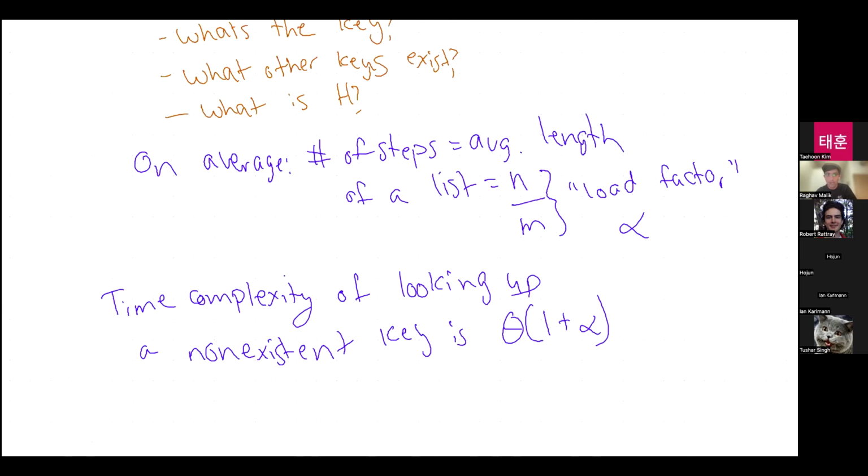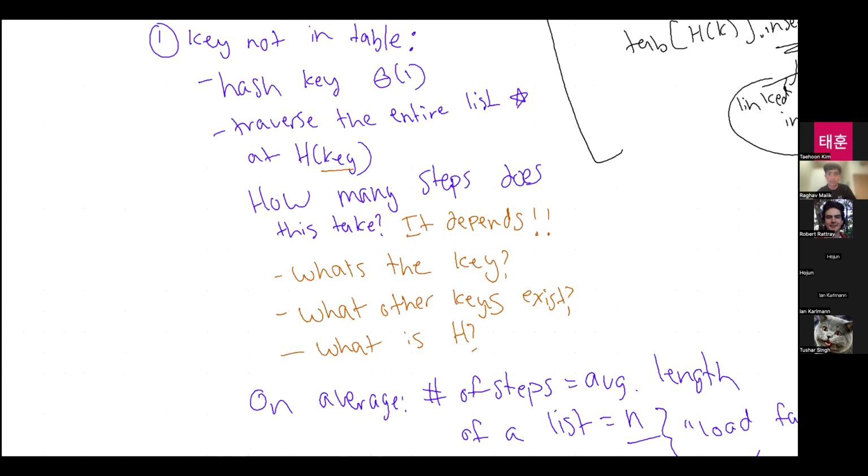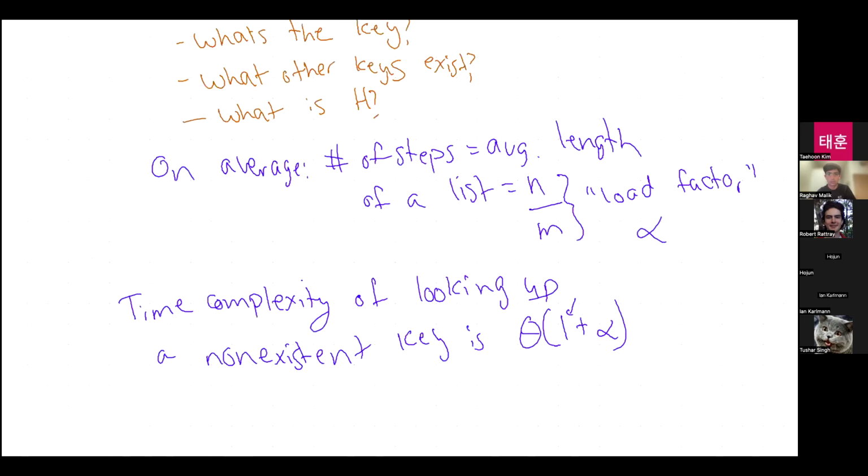Now, the 1 is there because we've got this hashing step. We don't yet know what alpha looks like, so the 1 might be more important.